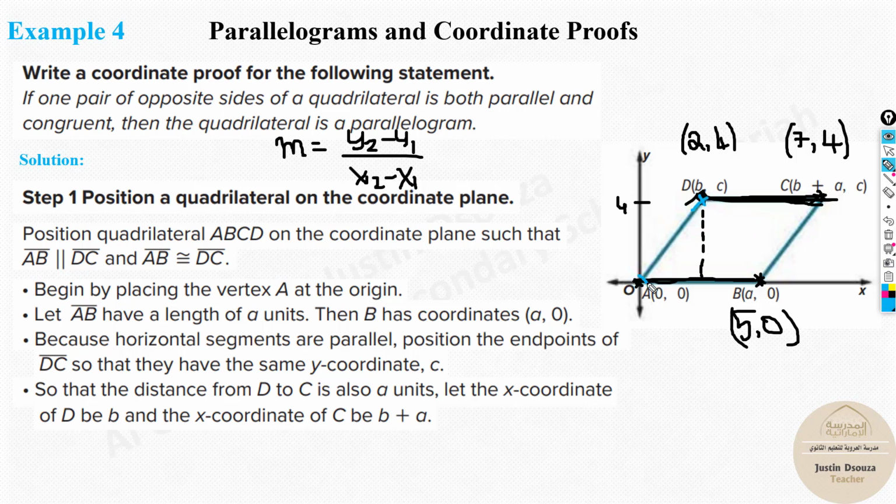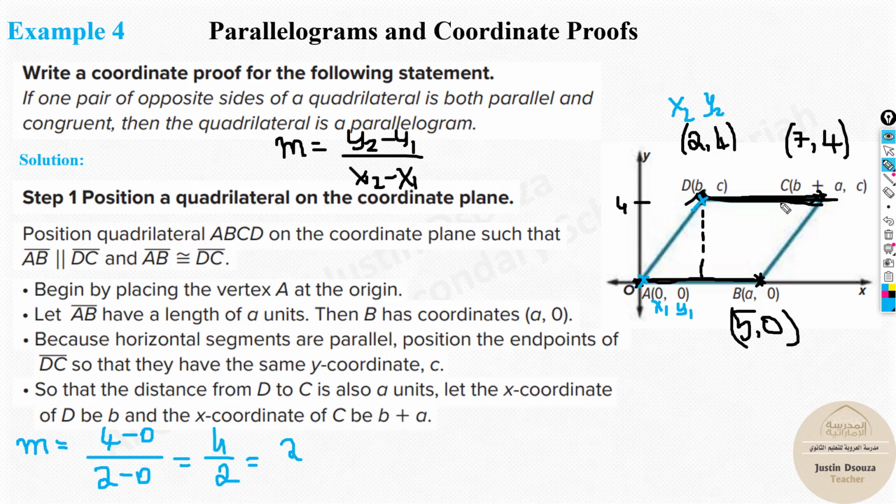So let me take this as x1, y1 and this will be x2, y2. Now substitute in the slope formula. M will be equal to y2, 4 minus 0, divided by x2, 2 minus 0. What is the answer? It's 4 by 2, that is equal to 2.